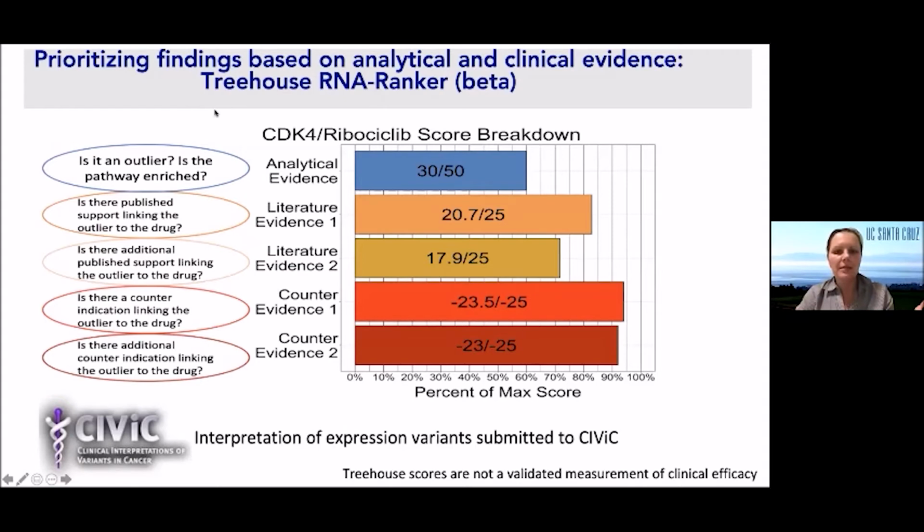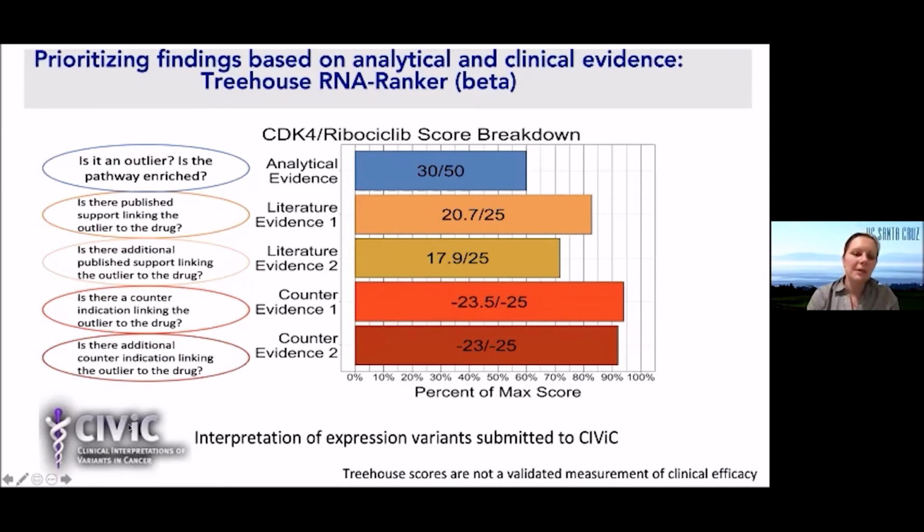And so we developed this system that we call RNA Ranker that's aimed at evaluating both the strength of analytical evidence, so how sure are we that something's overexpressed, but also literature evidence: has overexpression of this gene been reported to be a biomarker of response to therapy that would target that gene or not? So that's literature evidence. And similarly, has this been reported to be a biomarker of resistance to therapy? And so then we can also present this information to the clinical team.